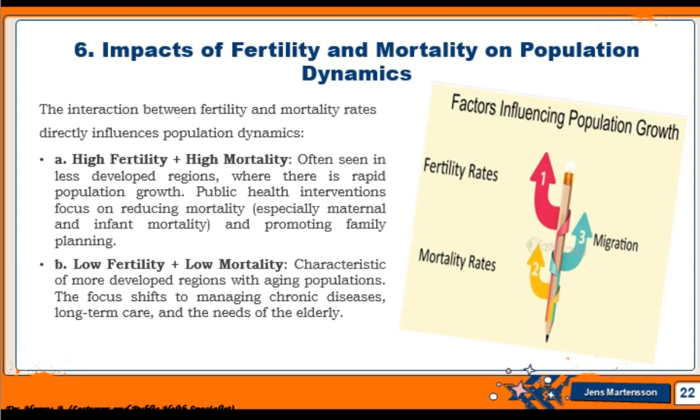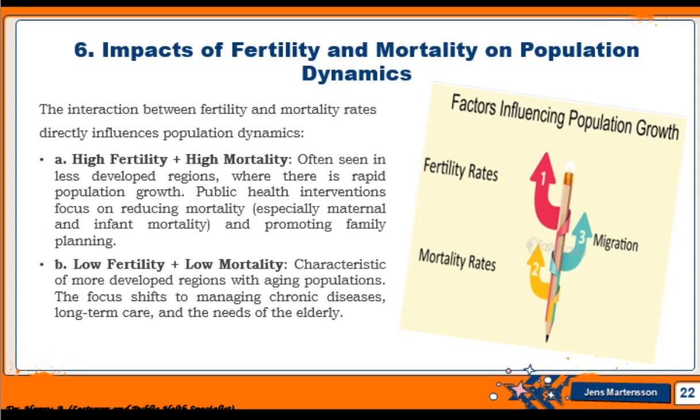Now let's see low fertility plus low mortality. In this case, you find this in more developed regions. This scenario leads to population aging. So you have, like we said the last time, the number of births getting lower than the rate of mortality, the rate of death.